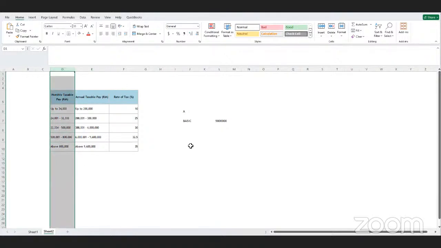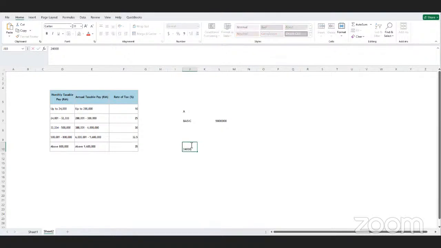On a monthly basis. So for example, we get this pay of 10%. So 10% of 24,000, we multiply 24,000 by 10%, which will give us 2,400.